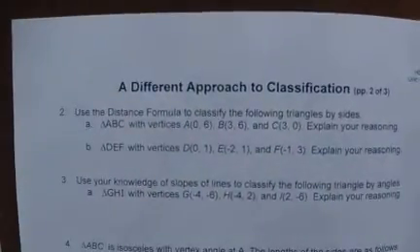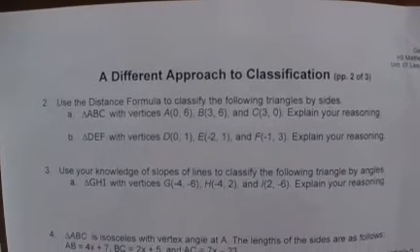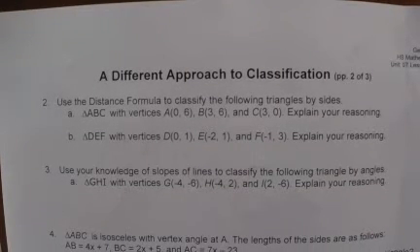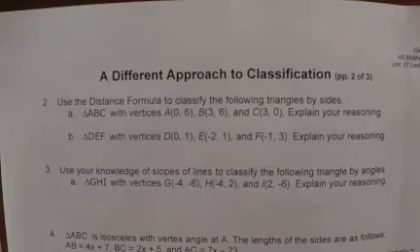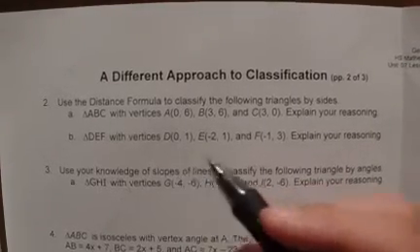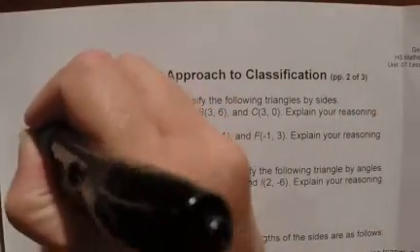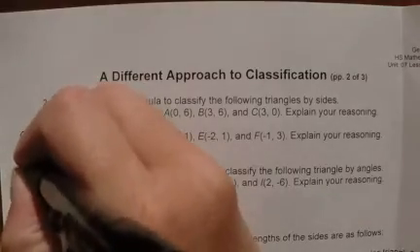So on the back, we're kind of doing the same thing. It says use the distance formula to classify the following triangles by sides. So you're going to do the same thing that we did on the first page for part D. Again, your example here is going to be part D from the front page.